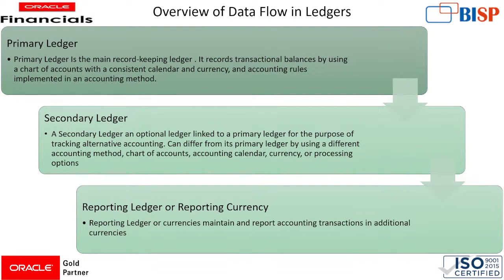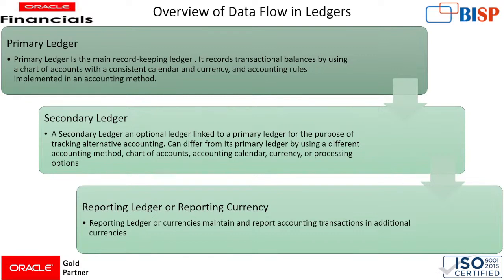The secondary ledger is an optional ledger linked to the primary ledger for the purpose of tracking alternative accounting. It can differ from the primary ledger by using a different accounting method, chart of accounts, accounting calendar, currency, and processing options, right?